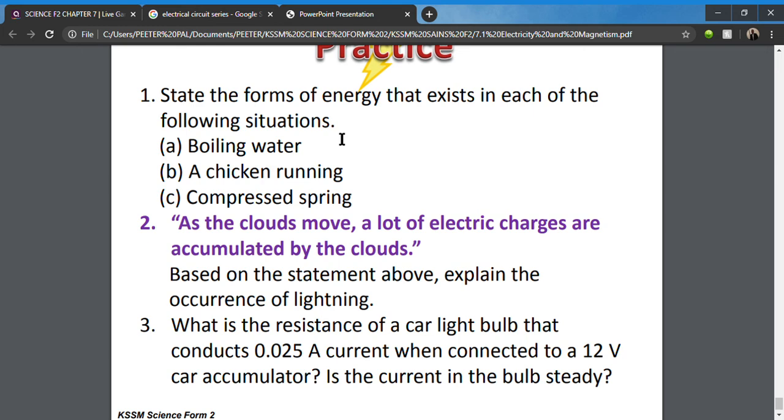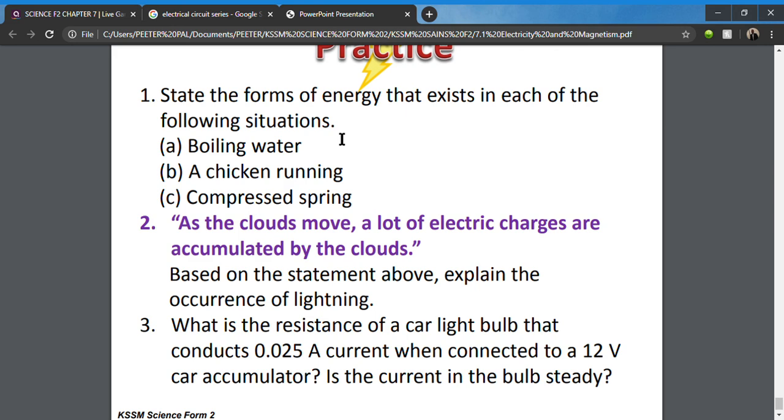And finally, what is the resistance of a car light bulb that conducts 0.025 ampere current when it is connected to a 12 volt car accumulator? Very simple. Use the formula V equals IR. So V is 12 equals I, 0.025, times R. So R is 12 divided by 0.025 ampere.